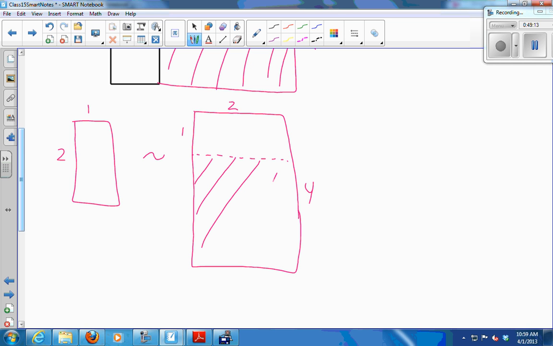Here's my gnomon. So you can see that the glued together thing and my original are similar. This shaded area, the part that I put on, is called a rectangular gnomon.